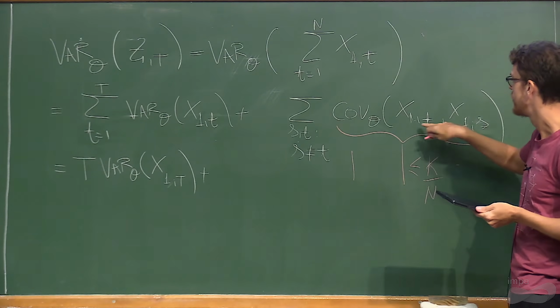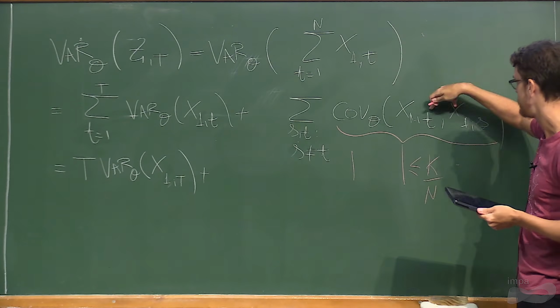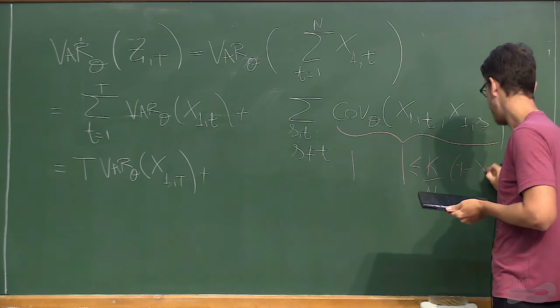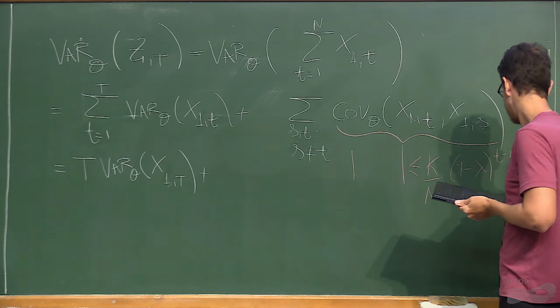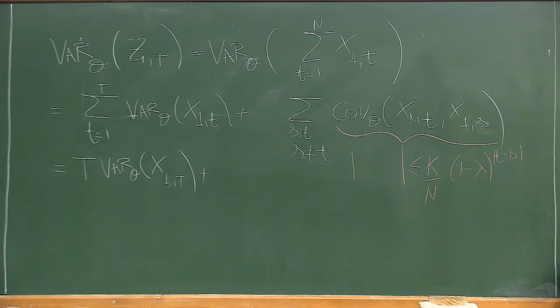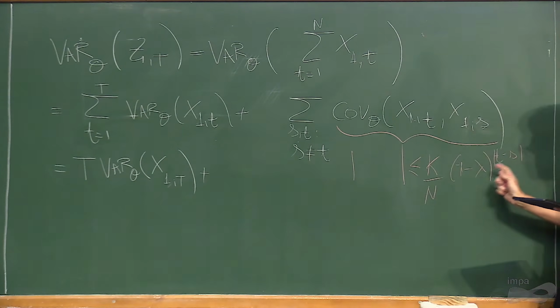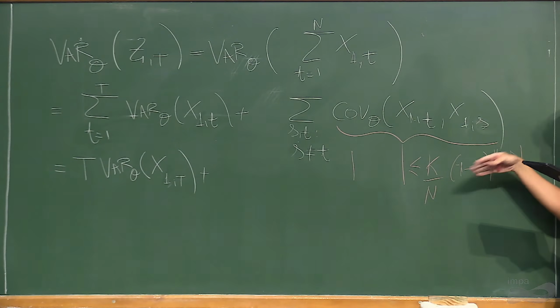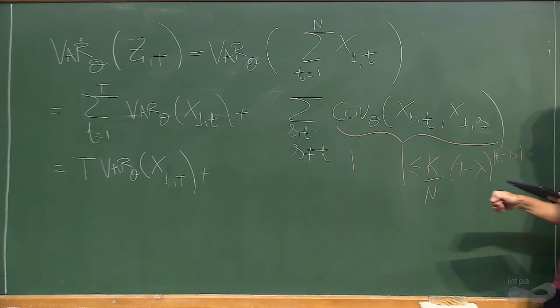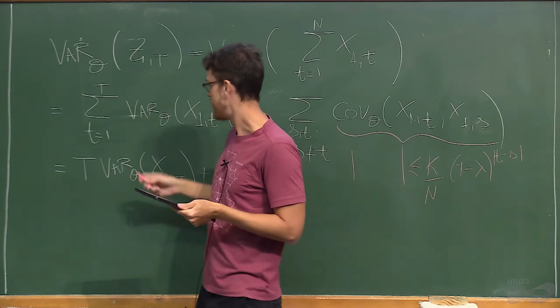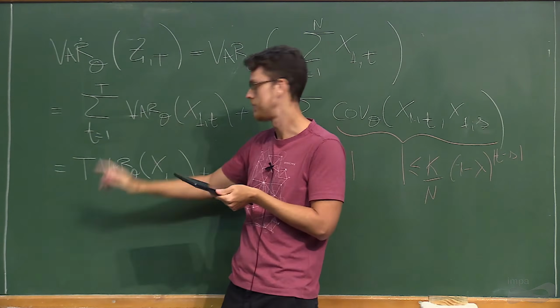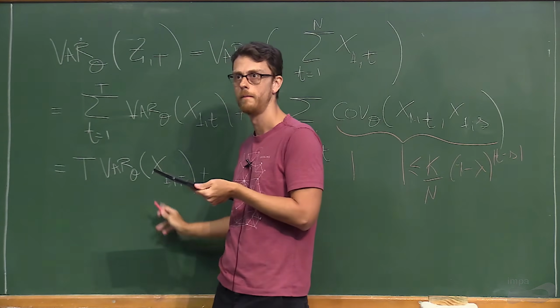Of course, the covariance depends on the distance between the time indices, and this is scaled by the factor 1 over lambda. So if I sum over S and T here, this will be something summable when I send n to infinity, so this is very small. Even if there is some dependence, in this variance it looks like something independent. It's T times this variance.